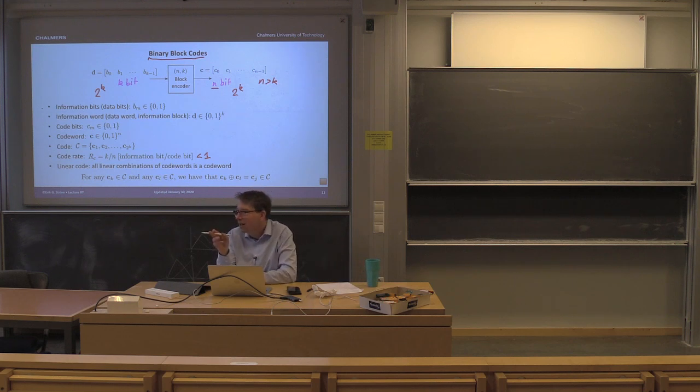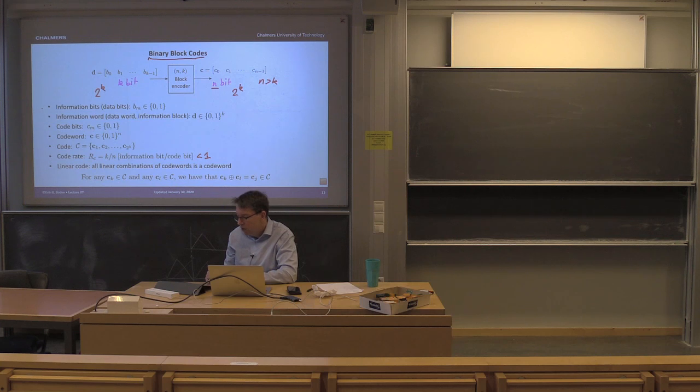Did you say for efficiency? For efficiency reasons, you want it to be close to 1? Yeah, exactly. So we want a high code rate, because that means that we don't add so many extra overhead bits. We'll see more about how this comes into play a little bit later.